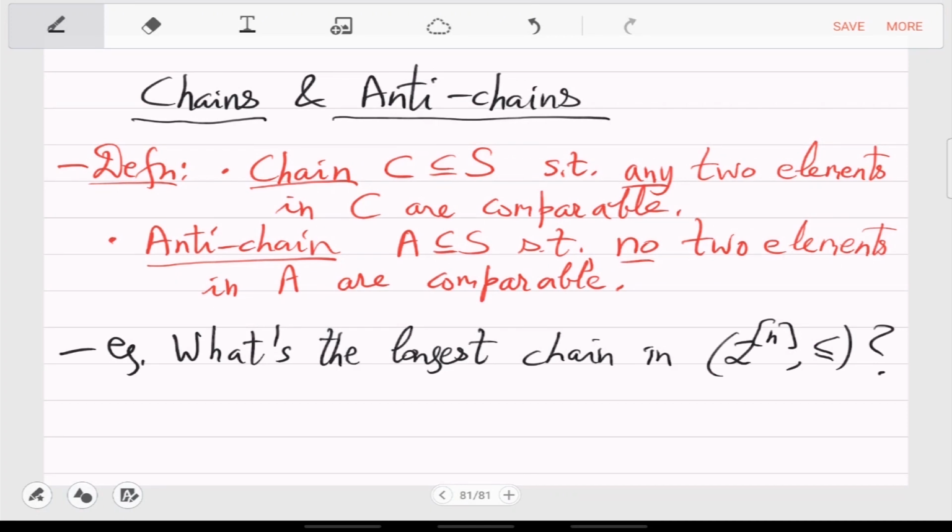What do you think is the longest chain that you can find? The first element you can take, for example, 1, next will be 1 comma 2, then 1 comma 2 comma 3, right? So an example chain is you take 1 singleton, then doubleton, then tripleton.